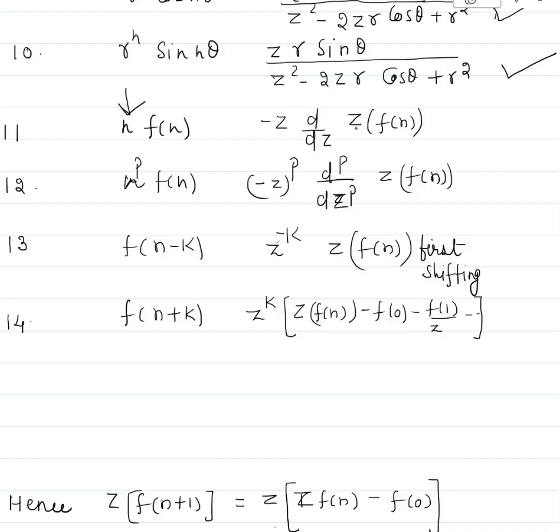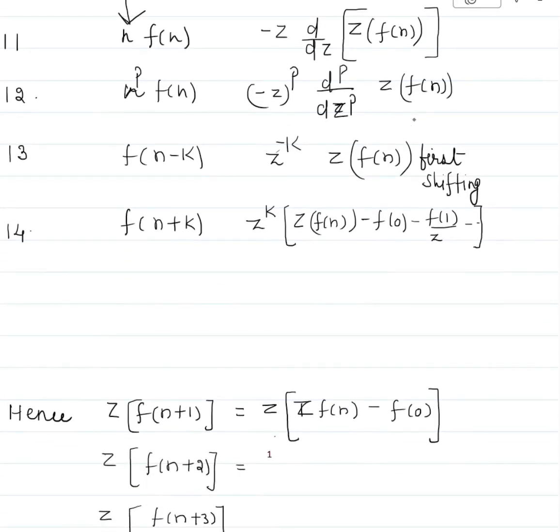If the function is given, you first find its z transform, then differentiate it with respect to z, and this gives the z transform of the function multiplied by n. So you use the formula minus z d by dz of Z of f of n, where d by dz means differentiating the function with respect to z after writing its z transform.